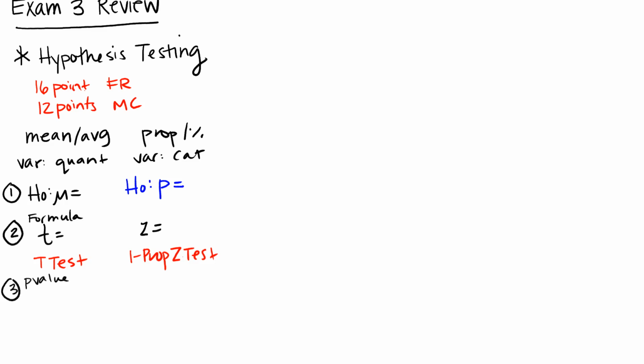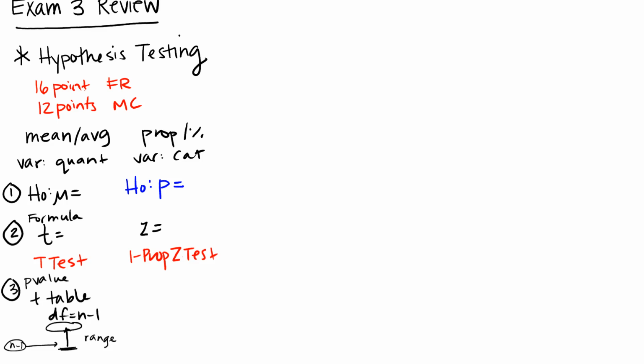Here, if you have the calculator, it's already done. Otherwise, we're going to the table. For the t-table, just remember your degrees of freedom is equal to n minus 1. Then you're going to be looking along that n minus 1 row, trying to find where your value is, which is going to be between 2 values, and then going up to give me a range of values.